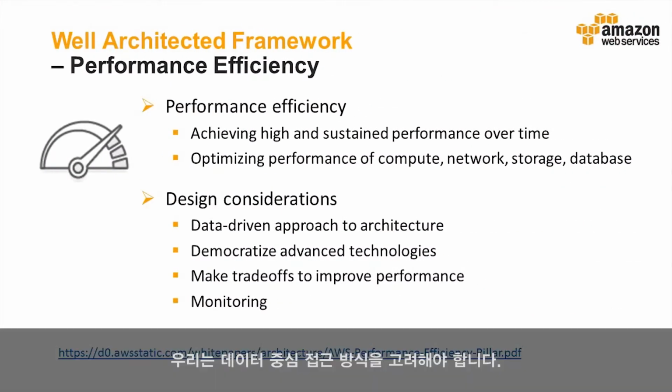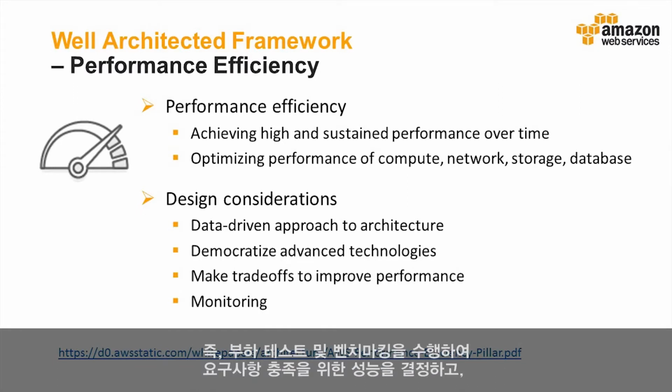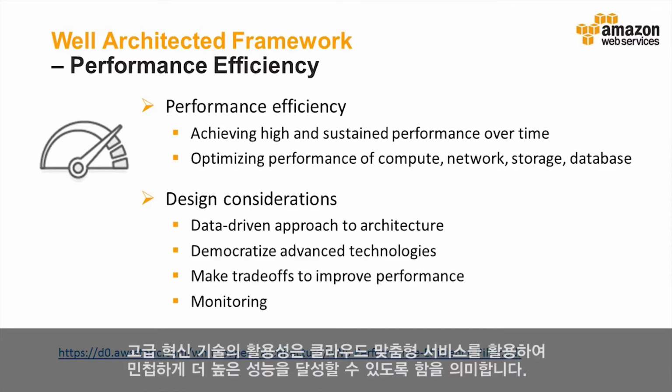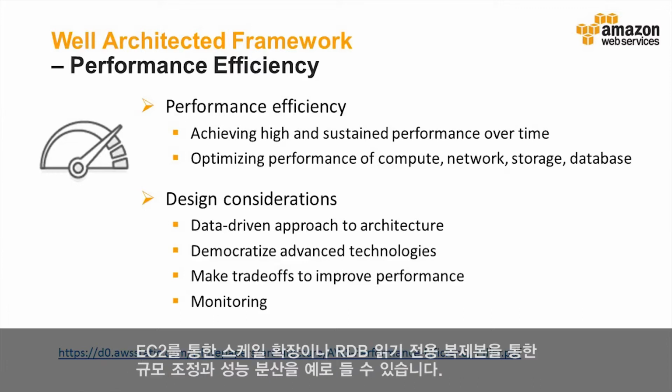We should consider a data-driven approach, which means conducting load testing and benchmarking to determine performance against requirements, and accordingly design or enhance architecture. Democratizing advanced technologies refers to leveraging cloud-native services that enable you to achieve higher performance with agility. For example, scaling up through EC2 sizing and scaling out using RDB replicas.